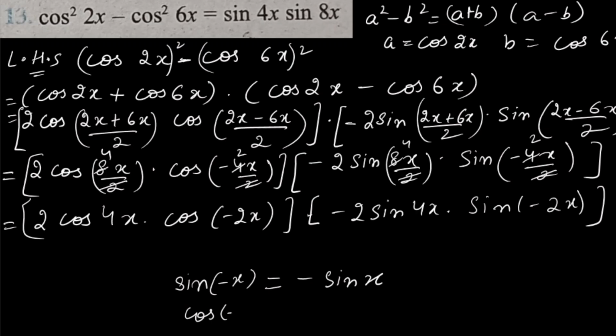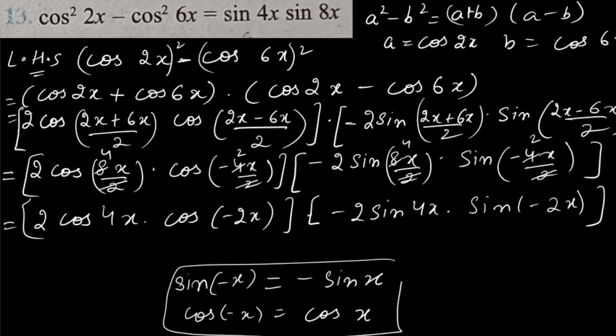Also, cos of minus x is equal to cos x. Cos will eat up the minus sign, but in case of sine, this minus will come at the front. So these two we are going to use now because the angle comes negative. Sine of minus x is equal to minus sine x, cos of minus x is equal to cos x.